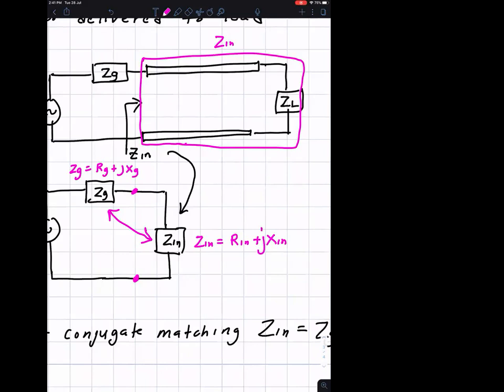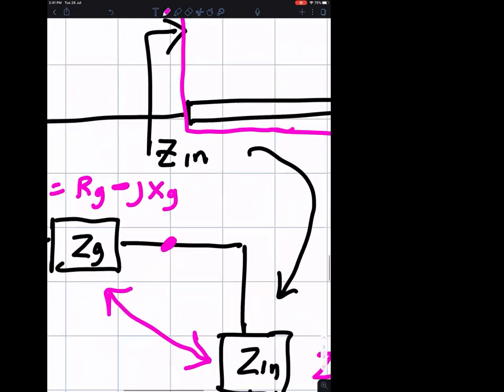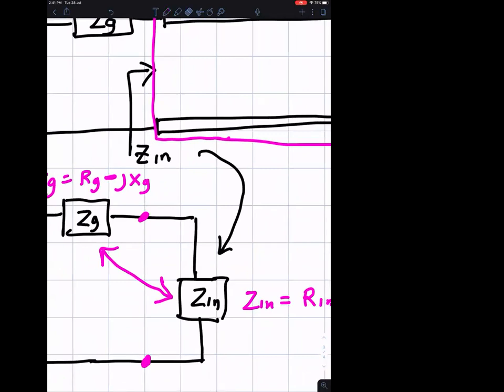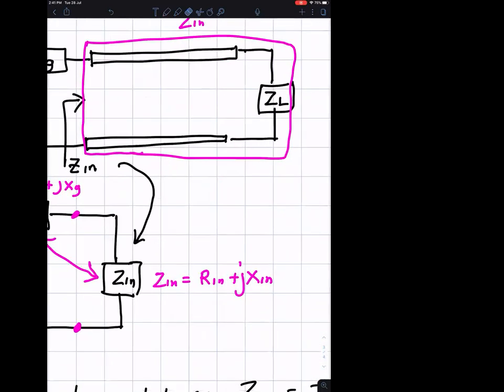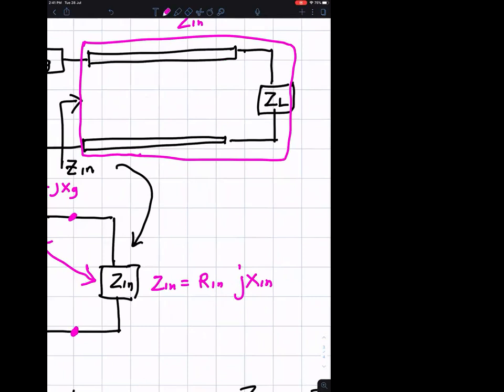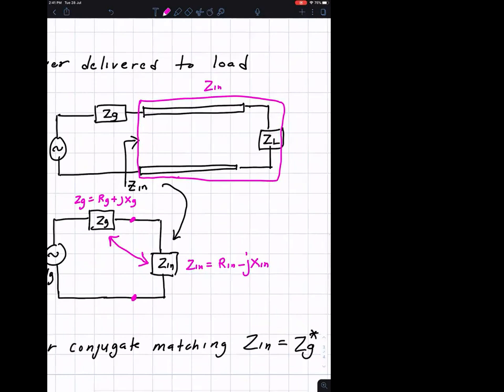When you make it conjugate, that means you're going to make this negative. If this is positive, the imaginary part will be negative. Conjugate means you just change the sign for the imaginary part only.